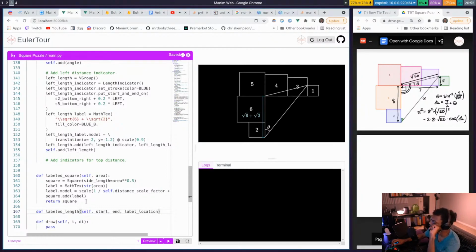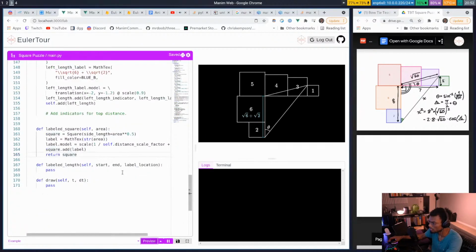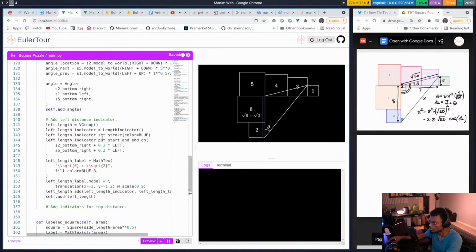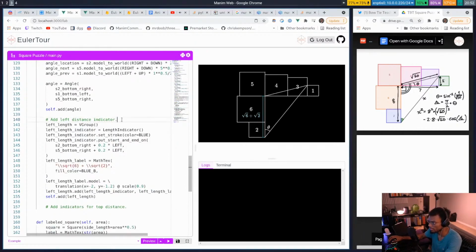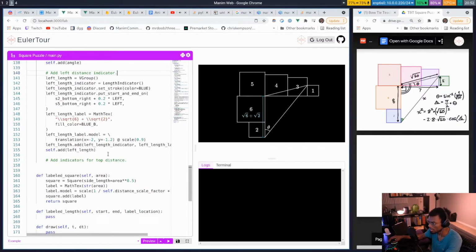I guess if I didn't, I'll just have a label location. And that's all. And then the goal is that eventually I want this to be just self.get_labeled_length of whatever.